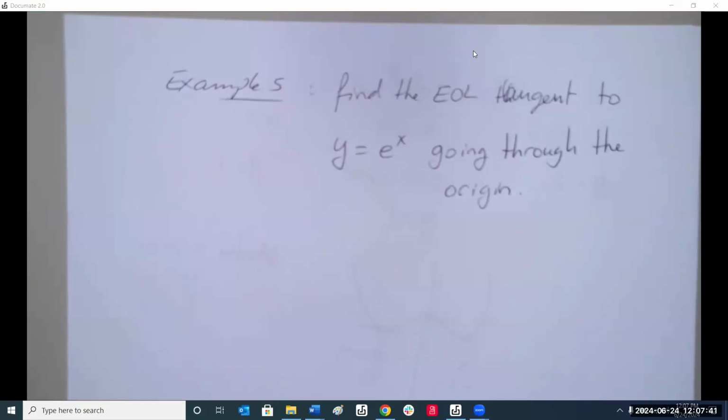Find the equation of the line tangent to the graph of e to the power x going through the origin.